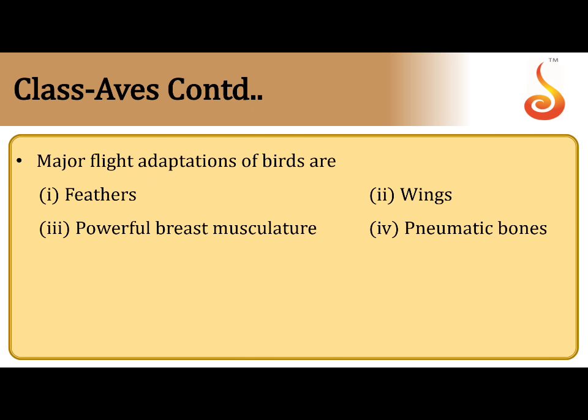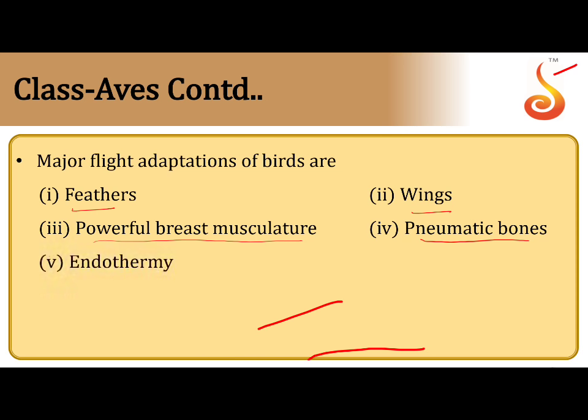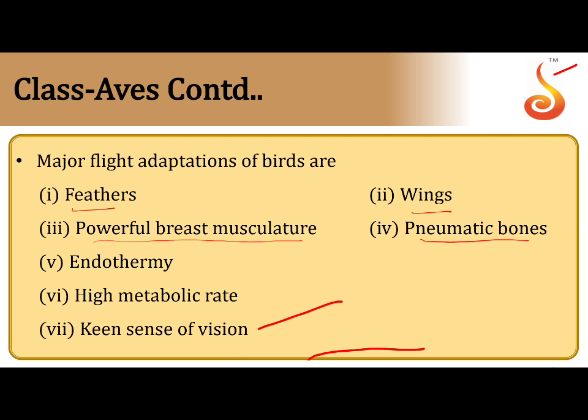Certain major flight adaptations of birds, as we have seen, are feathers, wings, powerful breast musculature so that it can move, pneumatic bones, endothermy, high metabolic rate, and keen sense of vision. Endothermy, it is able to control body temperature from inside.